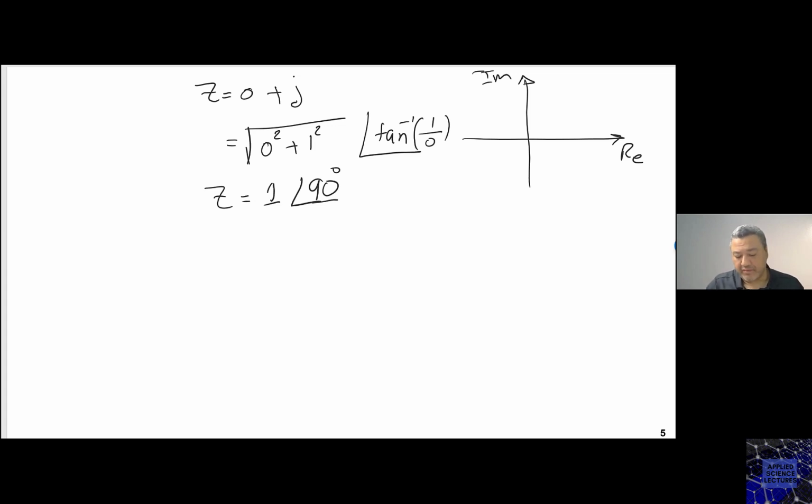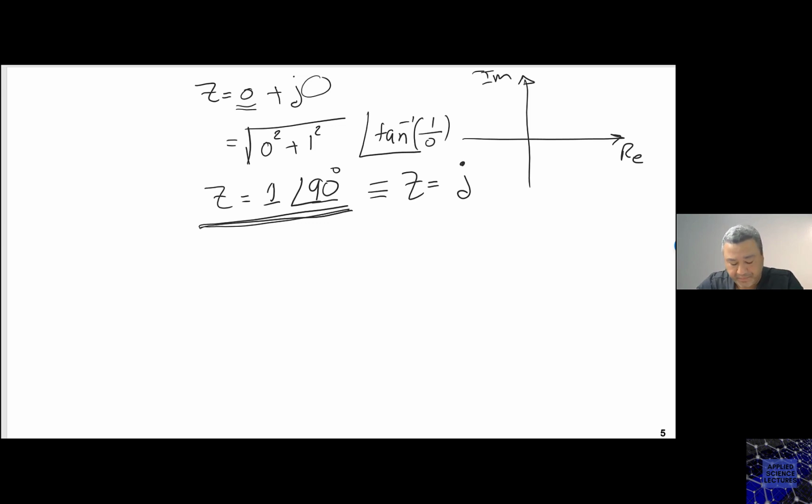So this j is the complex number in rectangular format. This is what we call rectangular format, which is basically the real plus j times the imaginary. This is the rectangular format, and this is the polar format, which is basically the magnitude and the phase.